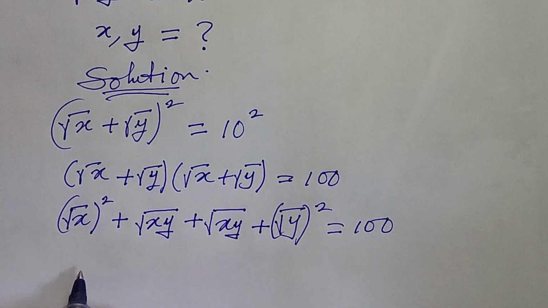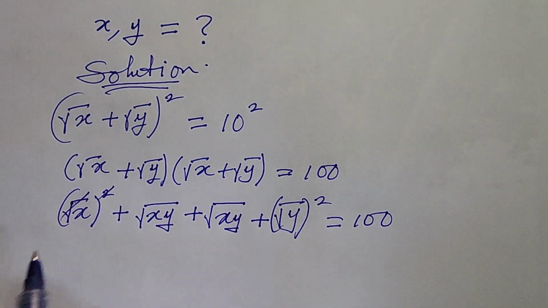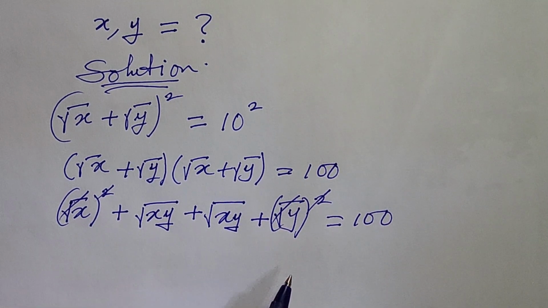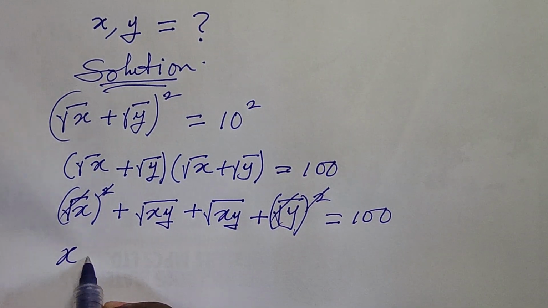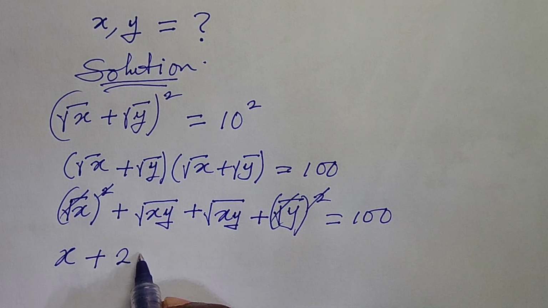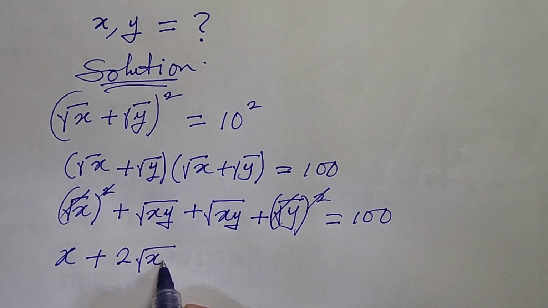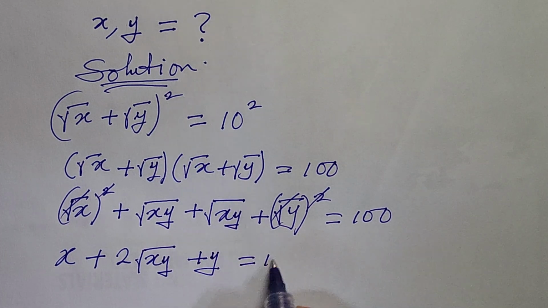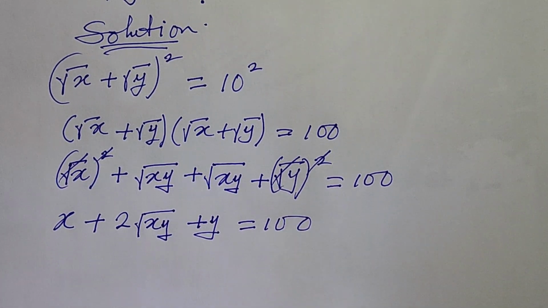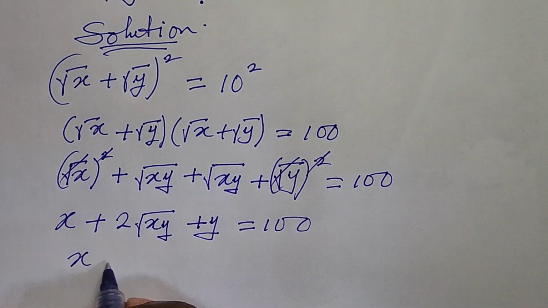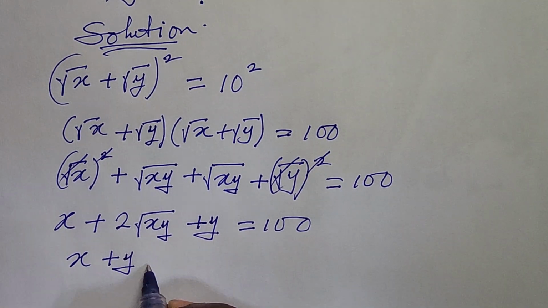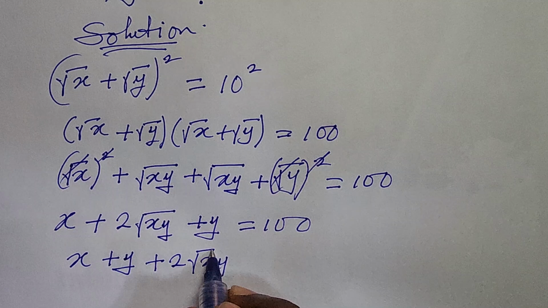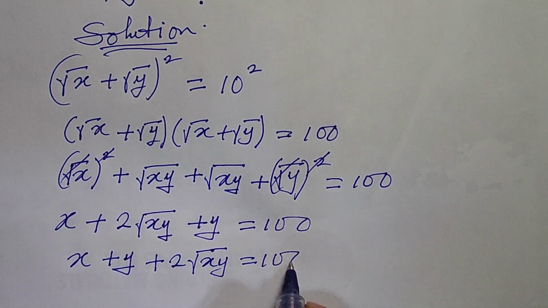Okay, then from here, this radical will go with this radical. So we can add these two together. It is going to give us x plus 2 into the square root of xy, then plus y equal to 100. So we have the equation from here now, which is x plus y, then plus 2 root xy, equal to 100.